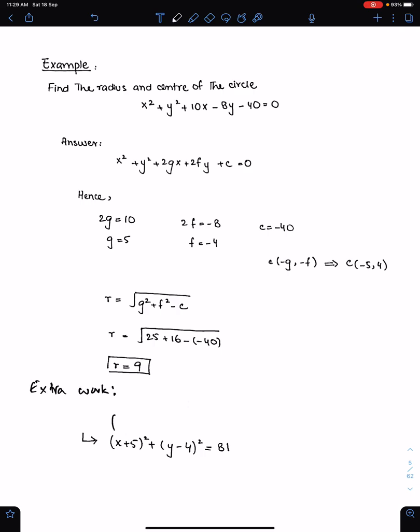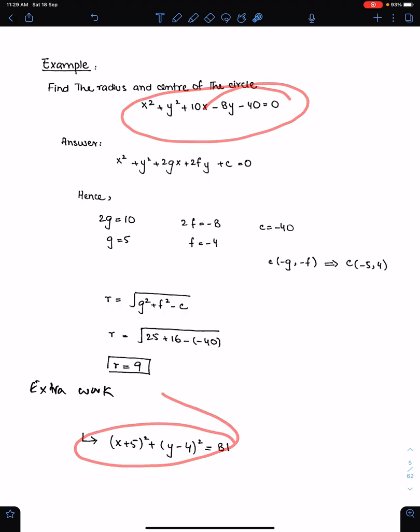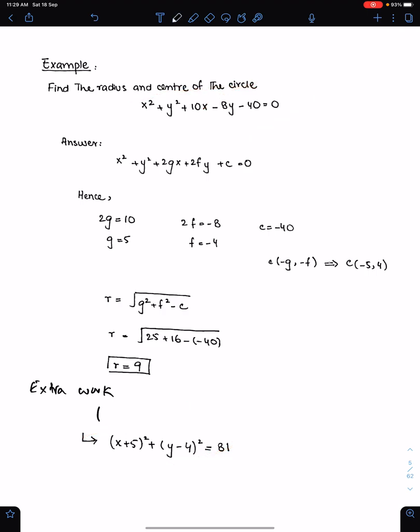If the question is find the equation of the circle or express this equation into this form, then to express this equation into this form, we need to substitute the coordinates of center and radius into this equation. We need to substitute this here and radius here.